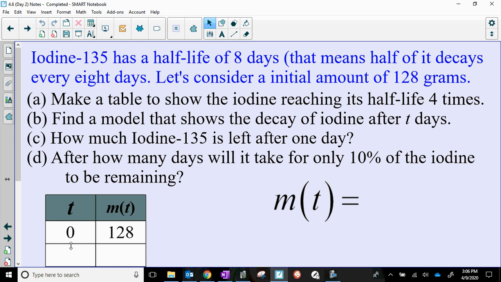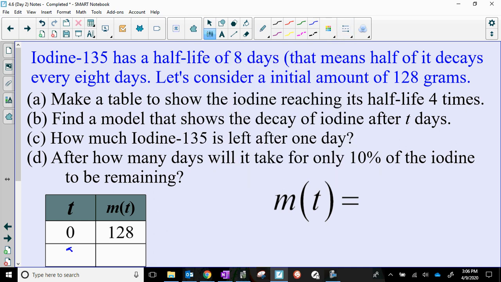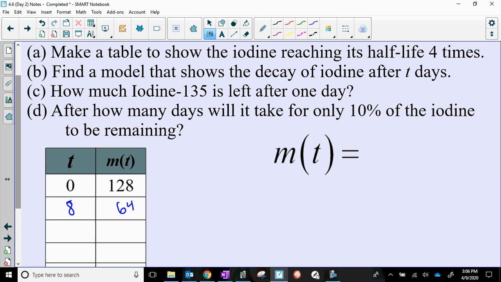So in 8 days, that amount is going to be half of what we had before. So half of 128 is 64. Okay. So we're going to finish this table to show that we're going to cut it in half 4 different times.